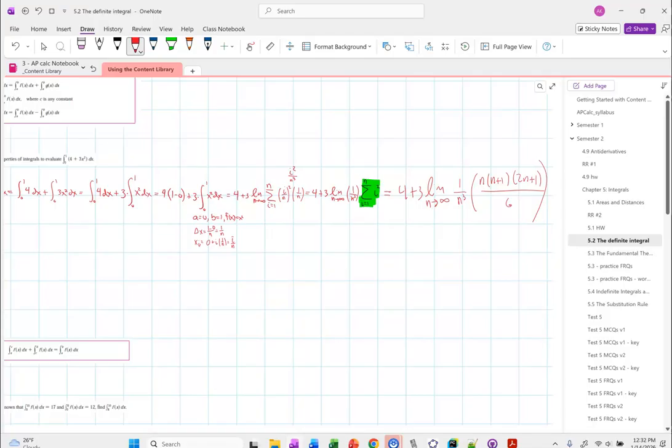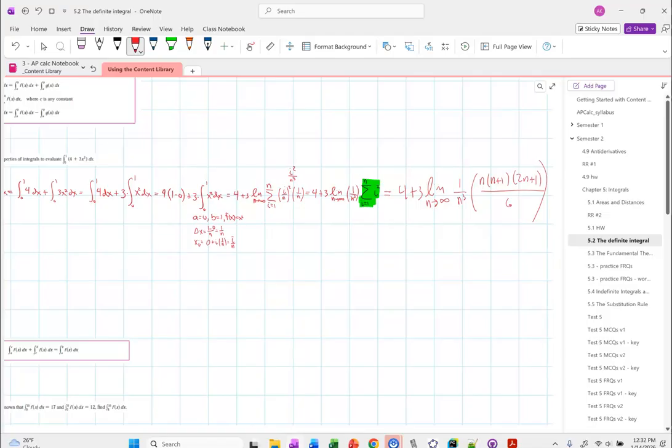So if I look at that limit, what am I taking the limit of? What type of function do I have there? Rational function, very good. Since my limit is going to infinity, what do I care about in the rational function? Well, I need to look at the degree of the numerator and denominator, which are both 3, right? The numerator is n times n plus 1 times 2n plus 1. That's 3 n's multiplying together, so that's an n cubed on top. I have an n cubed on bottom.